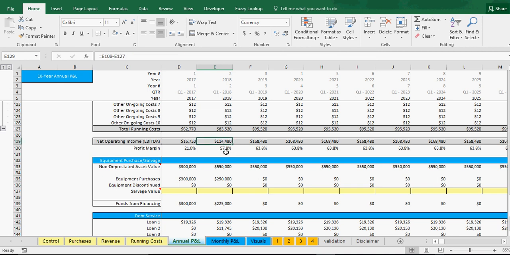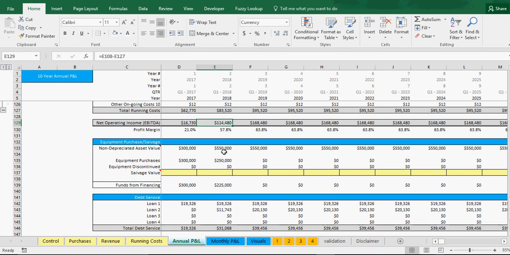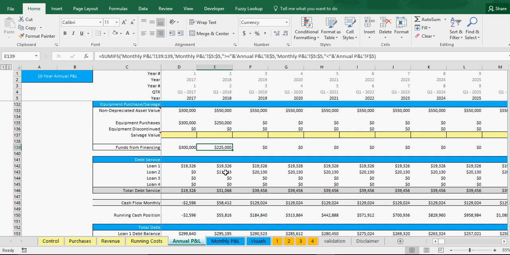All right, so month 2, 114,000. We're purchasing 250,000, but we also have a finance coming in that year as well, 225. We've got a little bit more debt service for that second loan, but now look, debt service 31.